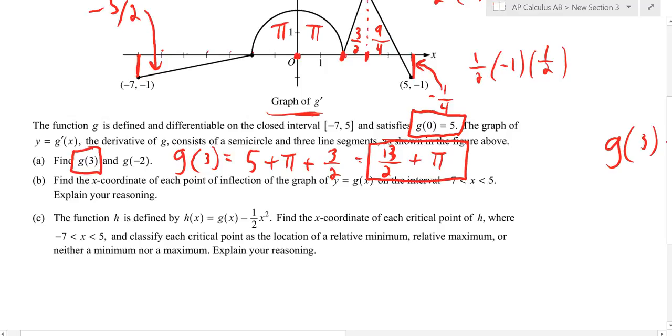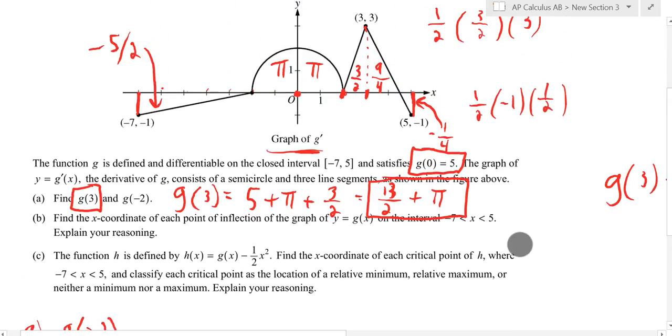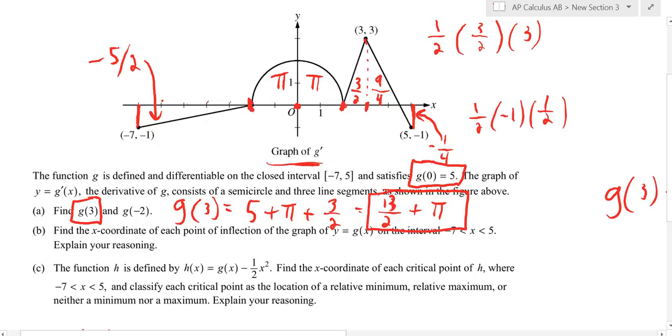Cool? Now, g of -2 is a little bit trickier, so I'm going to do this down here. So A. It's not really super tricky, but we're going backwards, though, is a problem. So look, to get to -2, here's what I know. From -2 to 0, g had to go up pi, right? It went up pi.